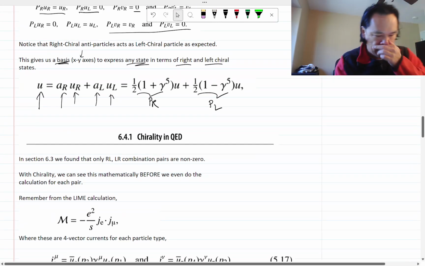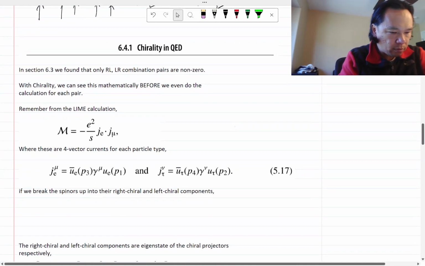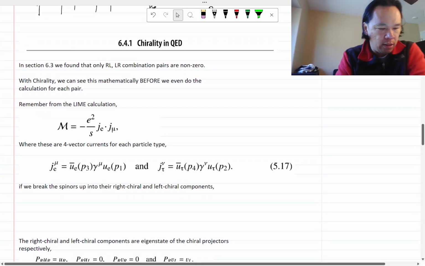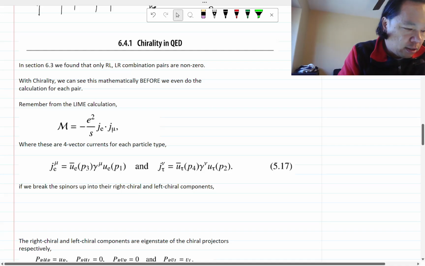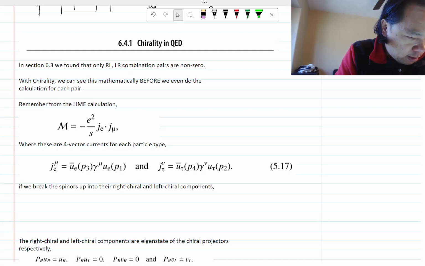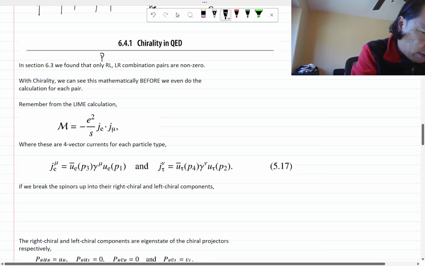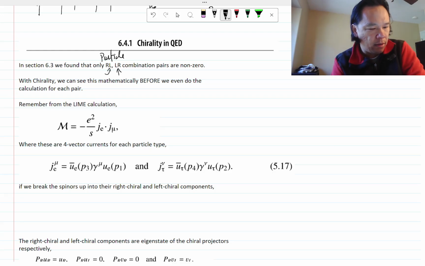Okay. All right. So chirality in QED. In the previous sections, 6.2 and 6.3 actually, we found that when we were dealing with particles, only the RL and the LR combination pairs are non-zero.